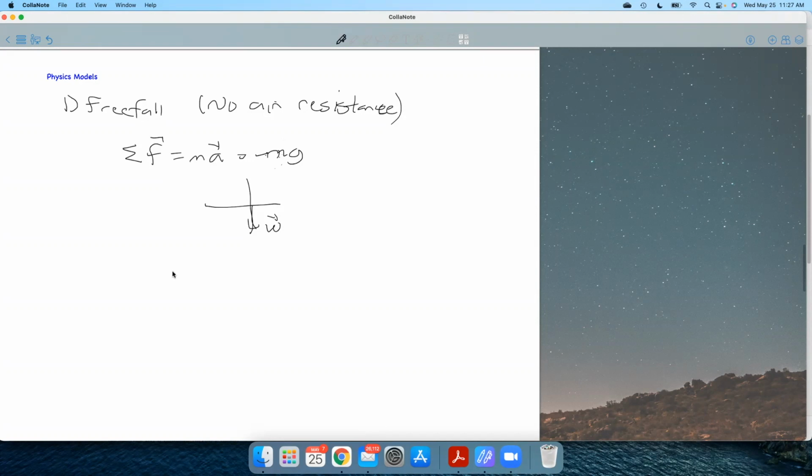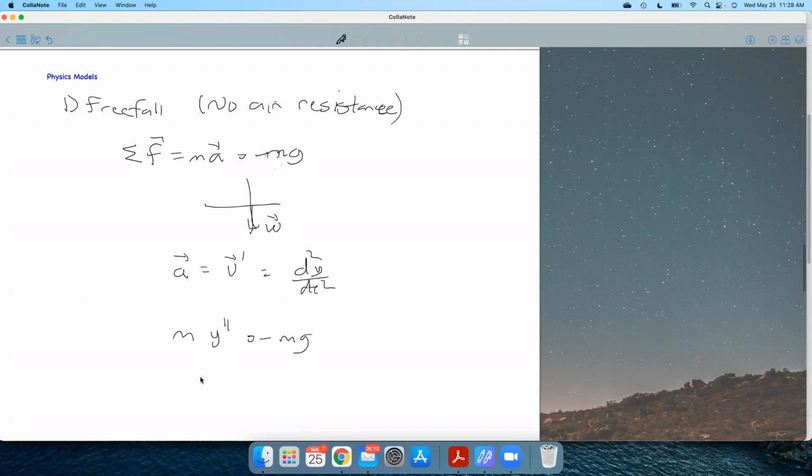But remember, acceleration is the derivative of velocity, and it's the second derivative of position. So I could write this DE as m y double prime equals negative mg, where y is my position. This is a second order linear DE.